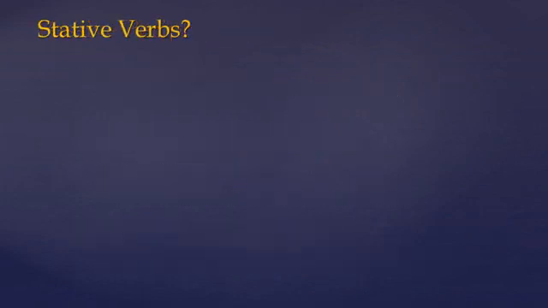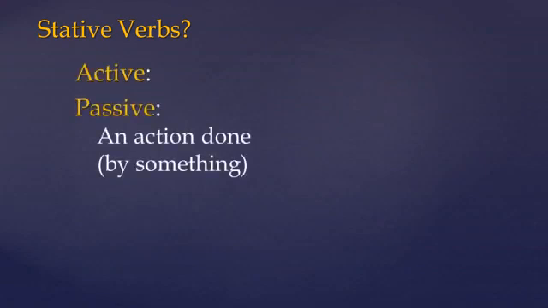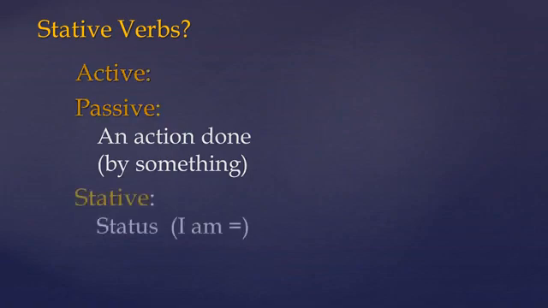And now one final important point. Watch out for what are called stative verbs. These are verbs which express a state of being, and they often look very similar to the passive voice. But the key is to recognise that both the active and passive voice imply an action which is being done by somebody or something, whereas a stative verb just expresses a status.